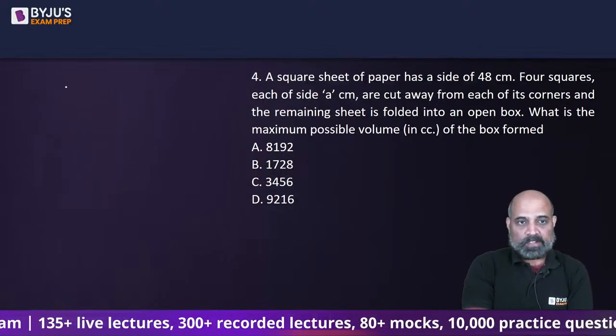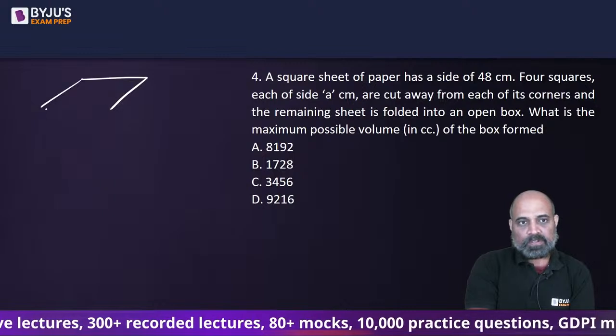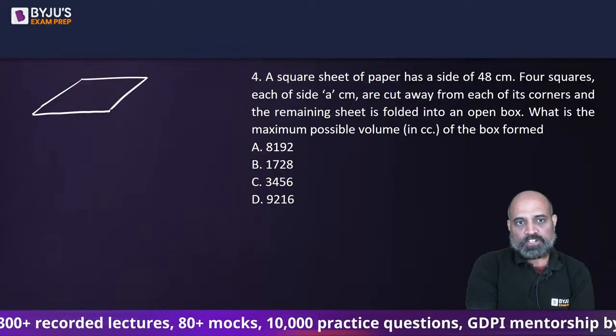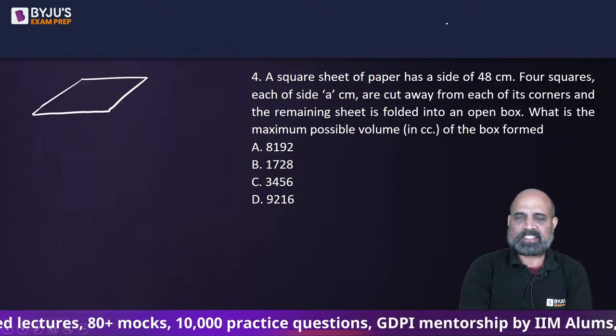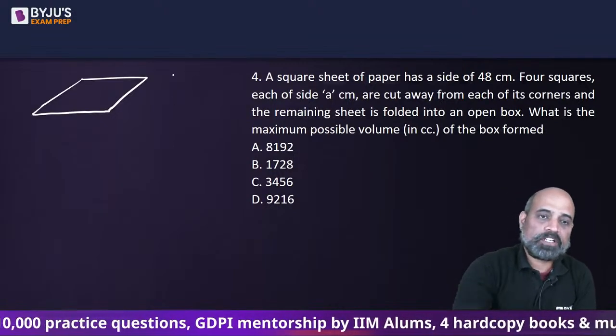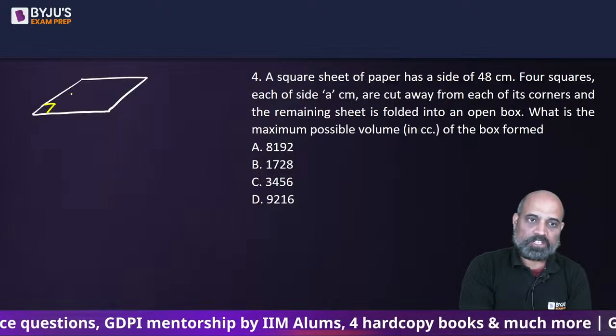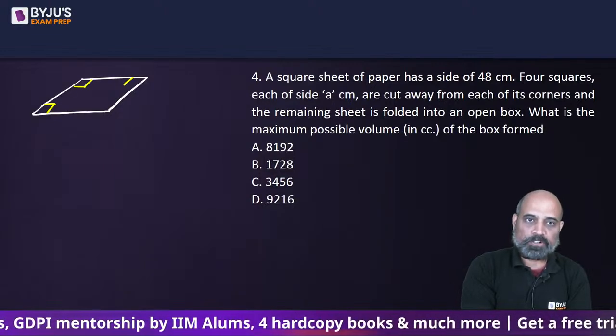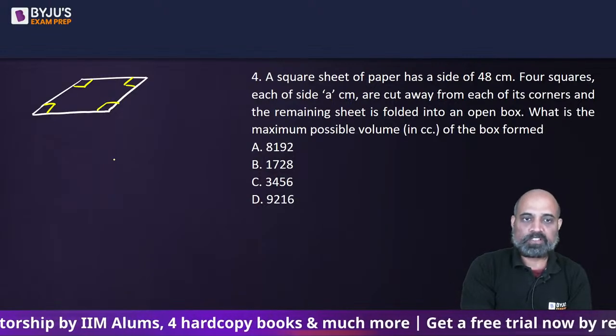Well, if we have a square sheet of paper, and the side is given as 48. Now, we need to cut out 4 squares from each of the corners. So suppose we cut out these 4 squares from each of the corners.